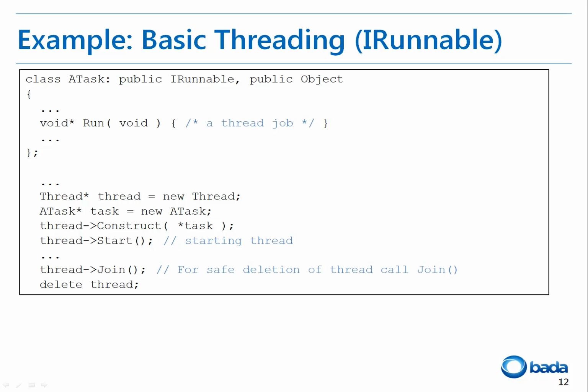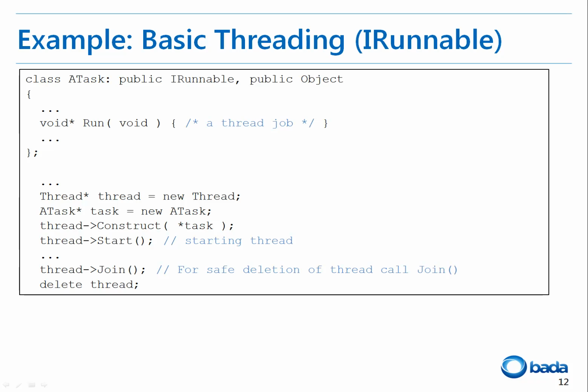To use IRunnable, create a new thread in the main thread or subthread, create a task, and then add the task to the thread. If the thread is started, the default implementation of the onStart function is called, and then the run function in the IRunnable is performed.